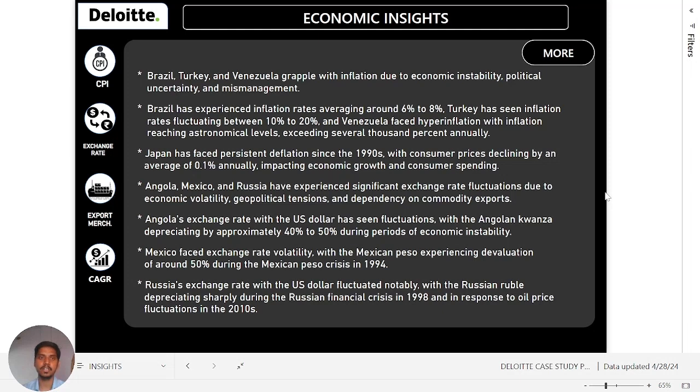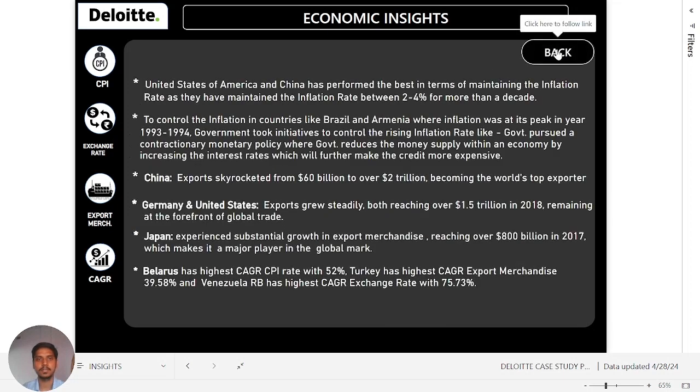Turkey has seen inflation rate fluctuating between 10 to 20%, and Venezuela faced hyperinflation as we saw in the visuals. Also, Japan has faced deflation as we saw after the 1990s. Angola, Mexico, and Russia have experienced significant exchange rate fluctuation due to economic volatility, geopolitical tensions, and dependence on commodity export. For more insights, we will click on this more button.